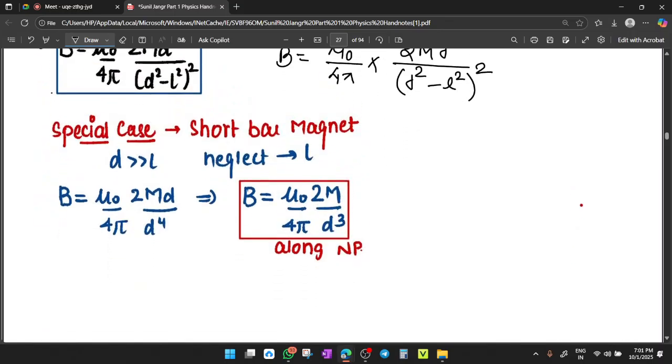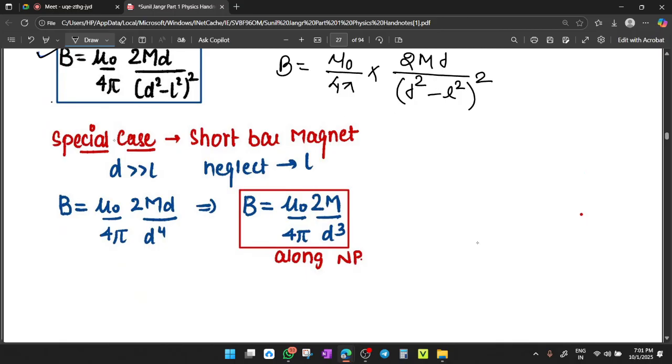So now what is our concern? A special case is when there is a short bar magnet, or when the dipole is small. When the dipole is small, what will happen?